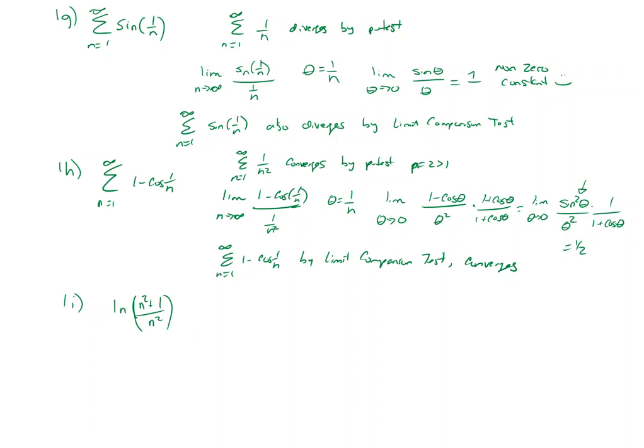And if that's approaching 0, we'd love to have something else that is also approaching 0, because if we were able to do a limit comparison test, if the denominator was approaching 0 as well, we could use L'Hopital's rule.